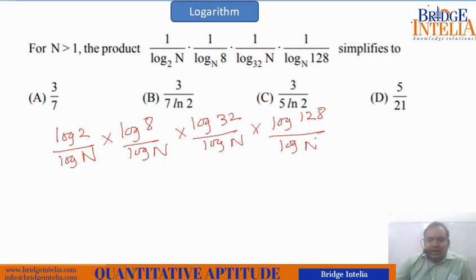Now notice something: 2, 8, 32 and 128 are all powers of 2. So what can we do with this? This can be written as log 2 by log n.